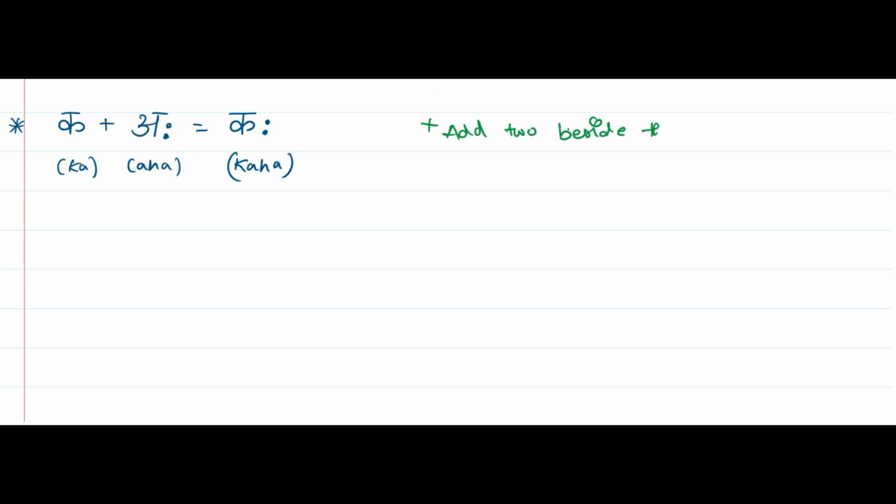Next one is aha. If I want aha Barakhadi, then same like vowel, you make two dots beside it. So ka plus aha becomes kaha. Perfect. So add two dots beside the consonant.